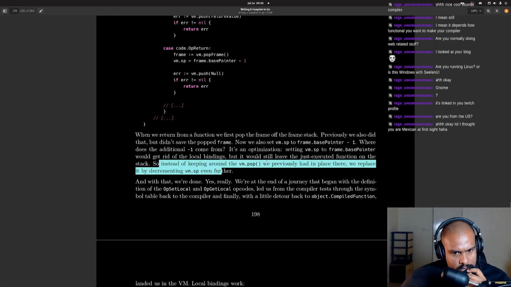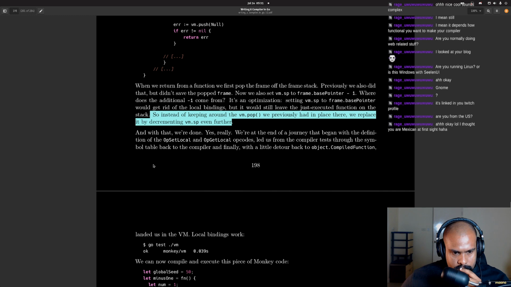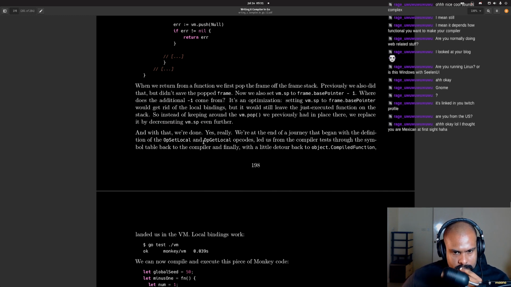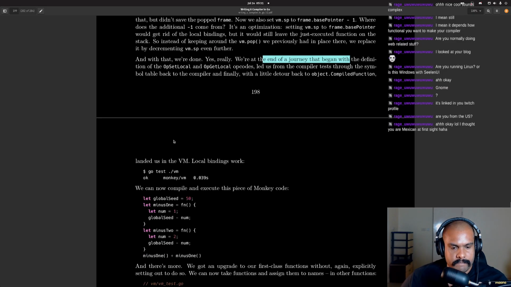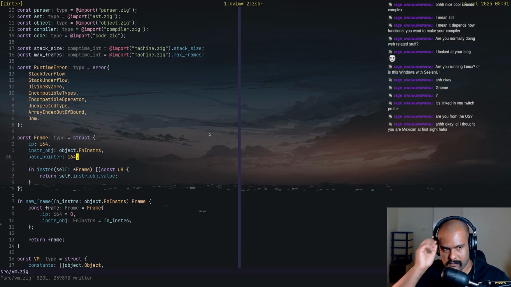Instead of keeping the VM pop we previously had in place, we replace it by... Okay, gotcha. Definition... Okay. There's a few things to do. Don't know which ones.